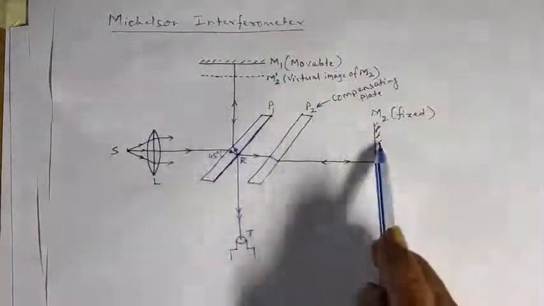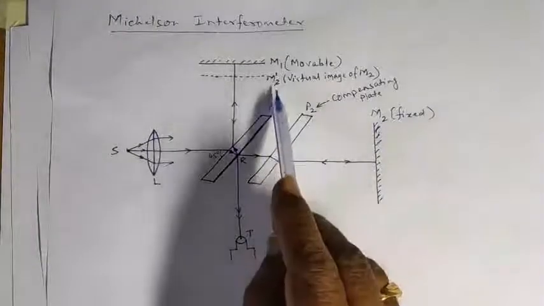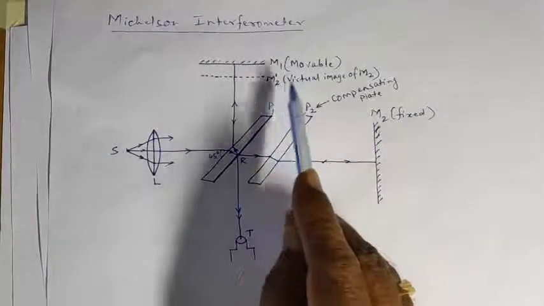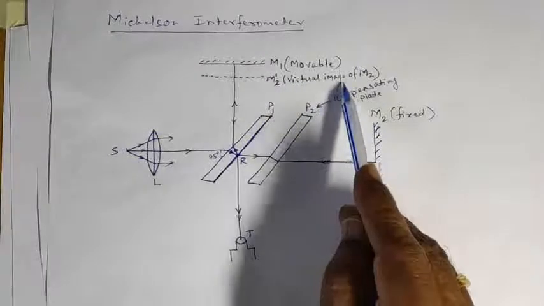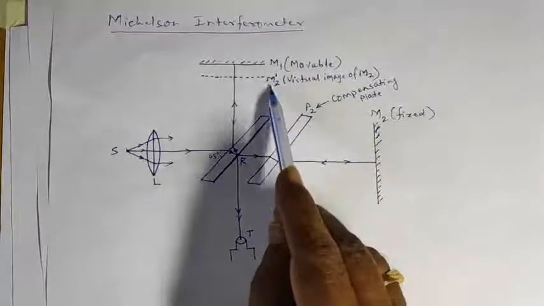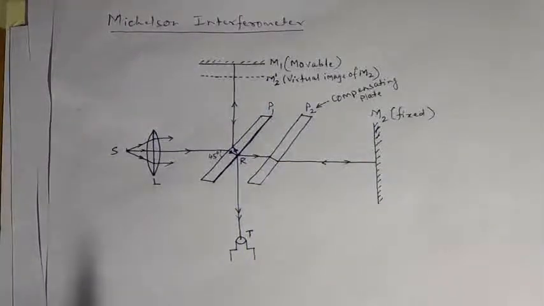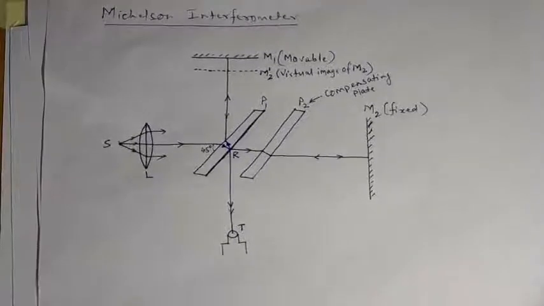So when M1 and M2 are perpendicular, M1 and M2 dash, you should remember that M2 dash is nothing but the virtual image of M2. So M1 and M2 dash are exactly parallel, and then the circular fringes will be observed.